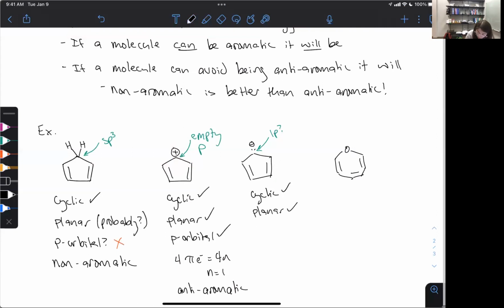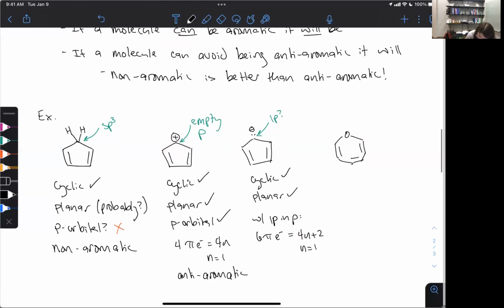If I do that, then I've got 2, 4, 6 electrons. I've got 6 pi electrons. That's going to fall into 4n plus 2, where n equals 1. So that falls into my aromatic number.